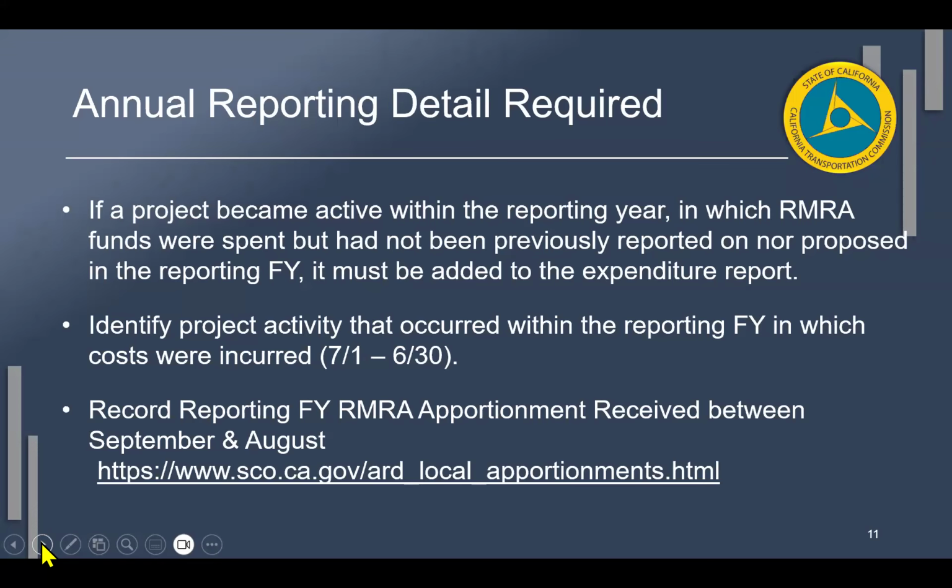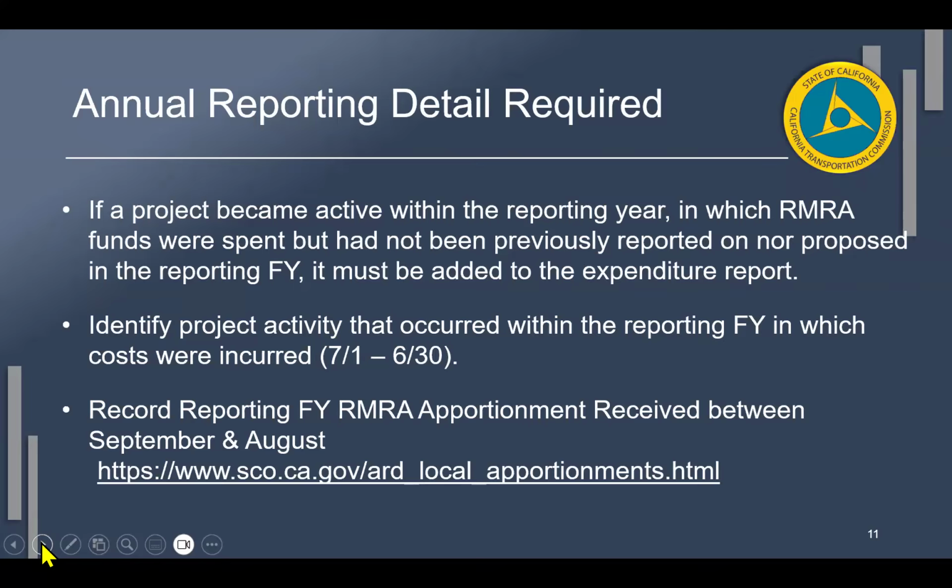We have a way for you to do that and we'll walk through that. You're also going to identify any project activity that occurred within the fiscal year, especially those in which costs were incurred. So 7/1 to 6/30, right? Whatever the activity was, you need to make sure that you are including that information.